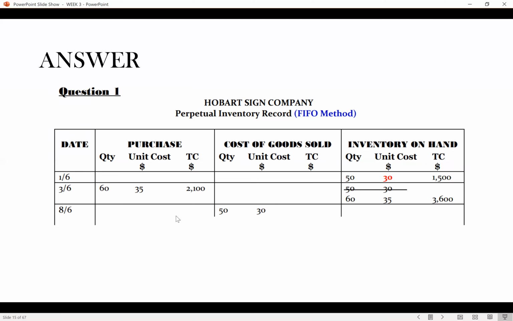So the first set of goods that we have here, 50 at 30, but we sold 100. So what we need, 50 more. So what we're going to do, go to the next set that immediately follows. This is a set with 60 for $35. However, we only need 50. So what we're going to do is to take 50 from this set for the 35, right?